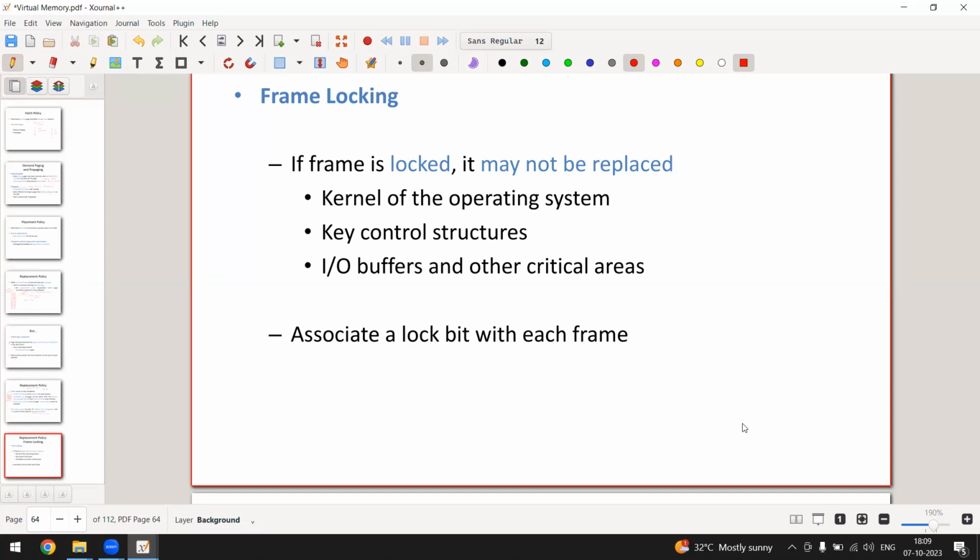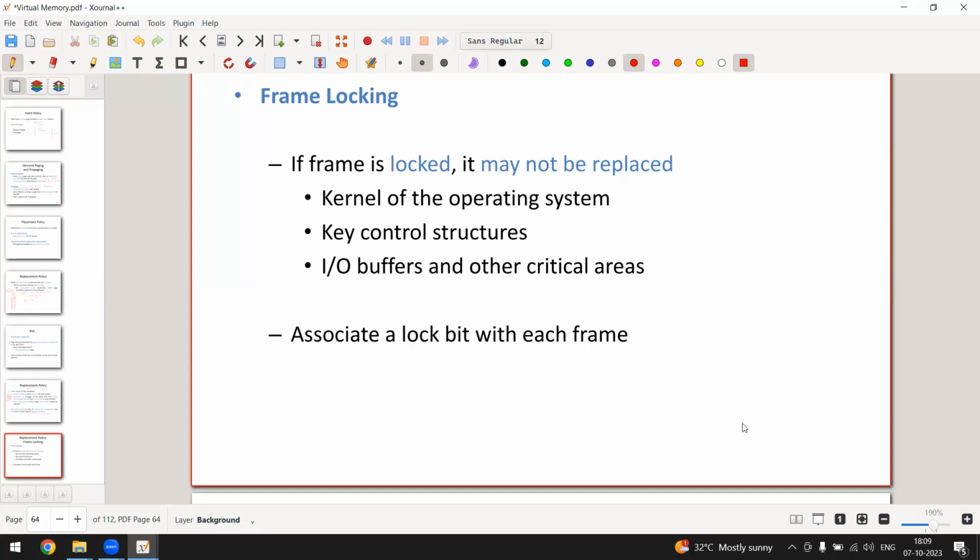One is the kernel of the operating system, which is a crucial page frame containing crucial data. If you replace that, then the function of the overall system may be disturbed. So you should not swap out that page.